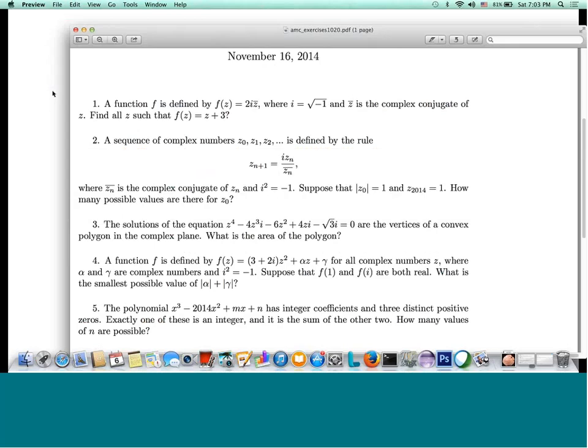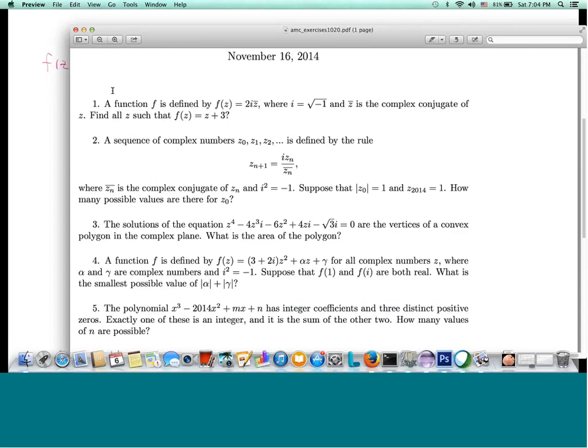So basically, it's asking about f(z), with the z bar being the important part. So f(z) equals z bar plus 3. So what is that for 1 plus 2i? The conjugate of 1 plus 2i is 1 minus 2i, plus 3 gives 4 minus 2i. Okay, good.